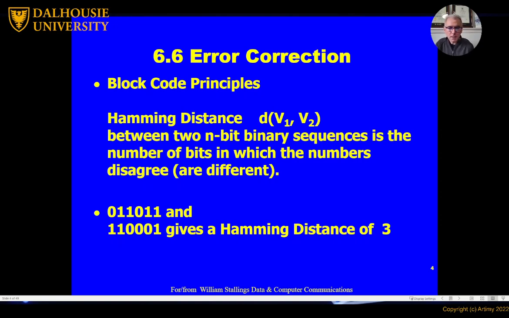So the idea is to add some redundancy, some extra bits, so that we create a set of valid words and a set of invalid words, right?